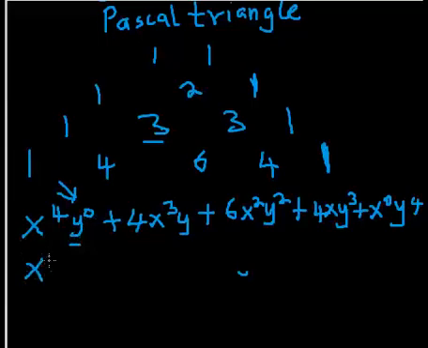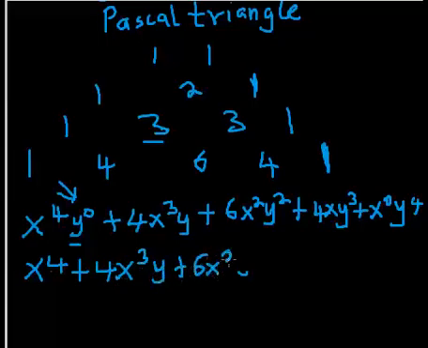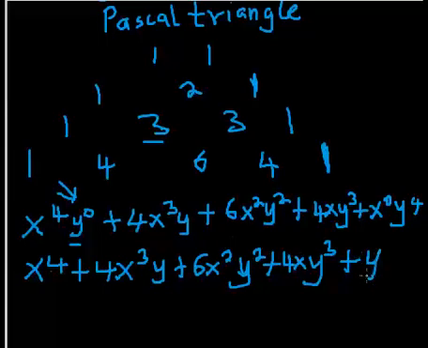So what I'm having here is x raised to the power 4 plus 4x cubed y plus 6x squared y squared, then plus 4x y cubed. Then of course x raised to the power 0 there is 1, so I am left with y raised to the power 4. So this is how we apply Pascal's triangle in expansion.